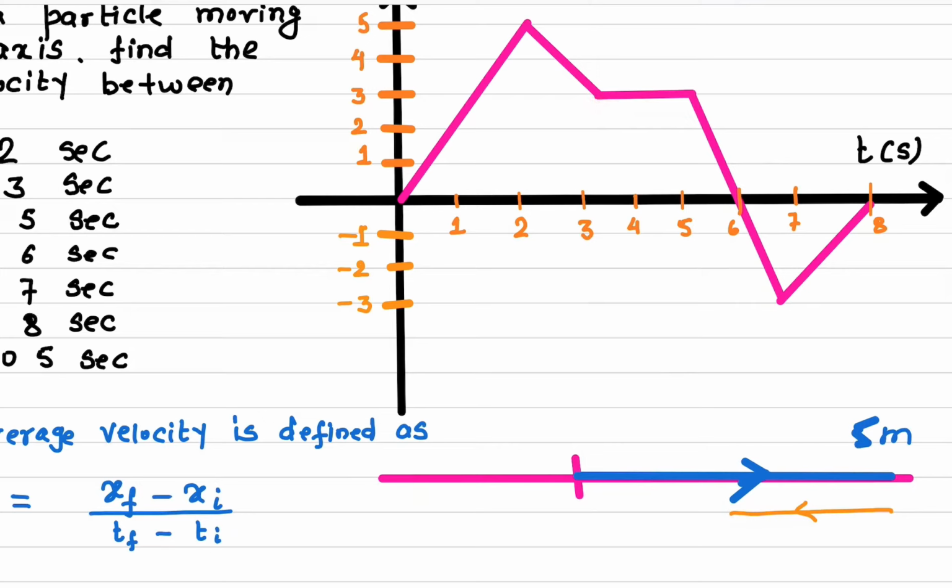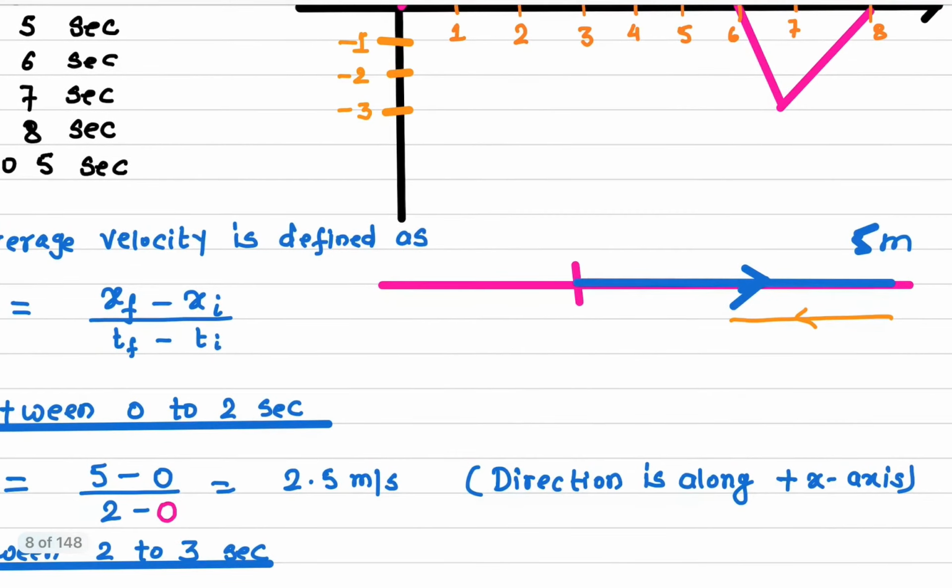And then you moved from 3 to -3 meter in this portion here. What does that mean? That means you moved from this point to this point, this way, -3 meter.